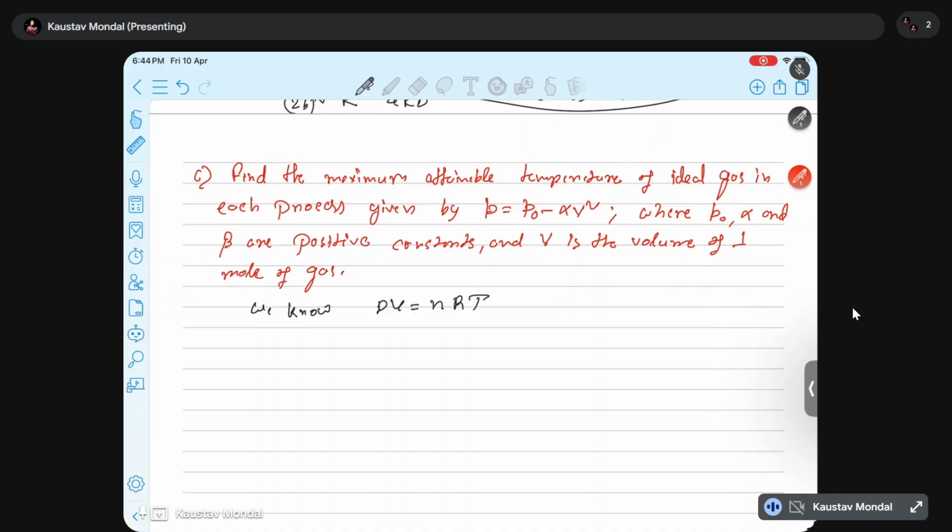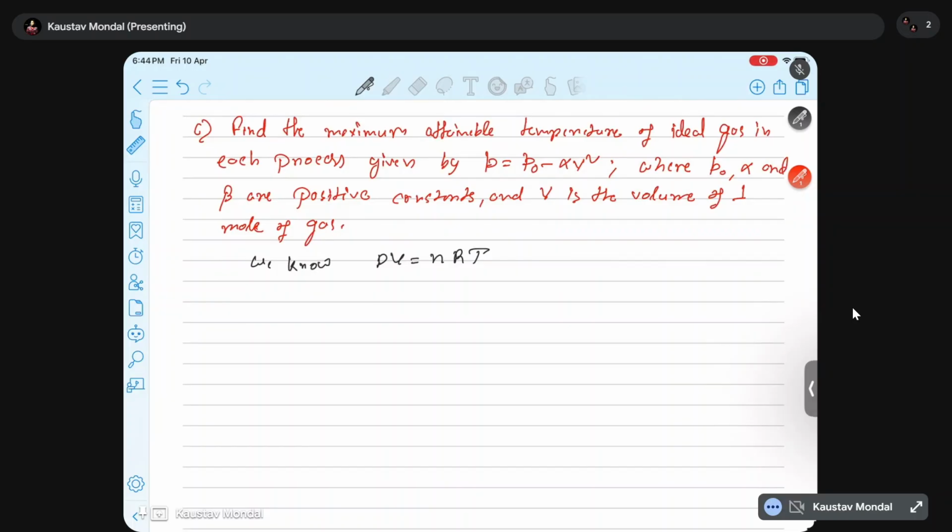So you have to write the temperature in terms of the other variables, and from there we have to take the derivative with respect to the volume and compare it equal to 0. That is basically the condition for any extremum, right? So let's do it. T, you can write PV by nR. P we know is P naught minus alpha V square, into V by nR, right? This is the expression of the temperature.